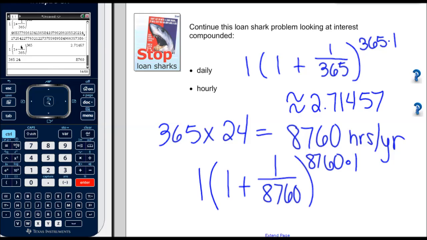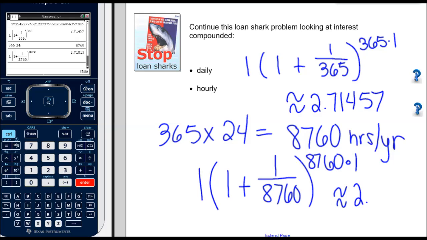And if we calculate that, we get 2.71813. Okay, so hopefully you picked up on the pattern.